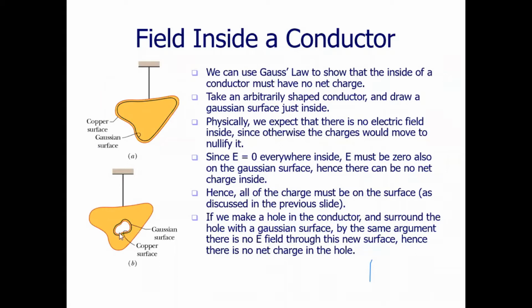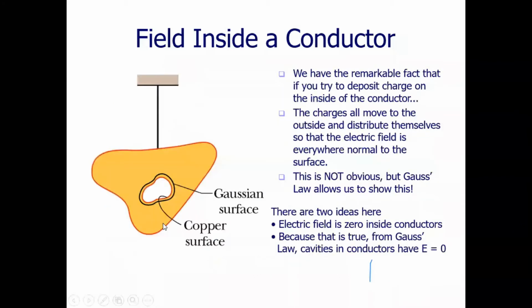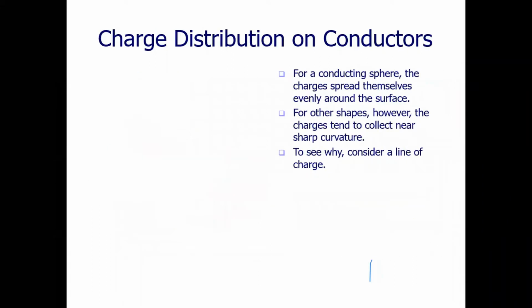If you make a cavity inside the conductor, then the electric field will also be 0 inside that cavity. Okay, the next point that came out, this is just a demonstration. If you place a charge in an electric conductor, the charge will go to the surface. I think we discussed this at length.